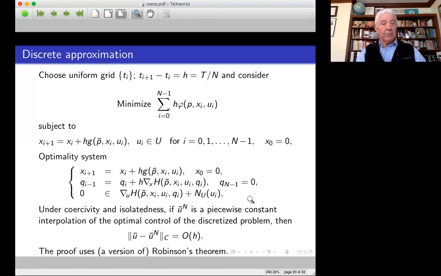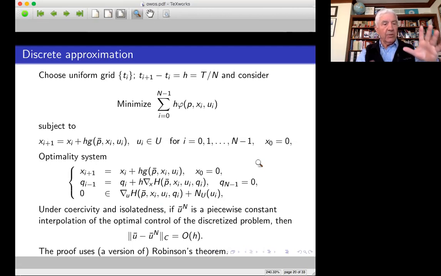We can write down the optimality system of the discrete-time problem in this way again. And it turns out that under coercivity and isolatedness, these two conditions, we obtain that the solution of the discretization is a good approximation of the optimal solution of the continuous-time problem.